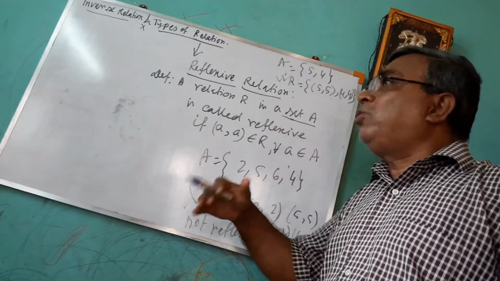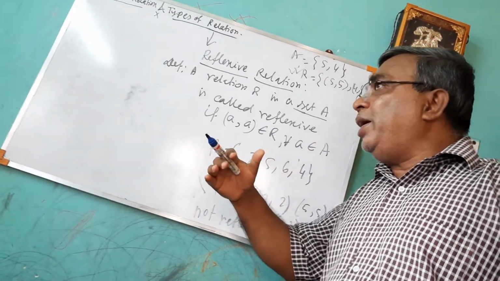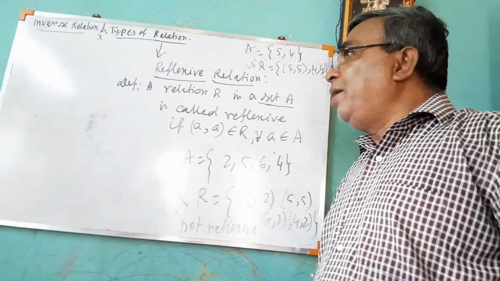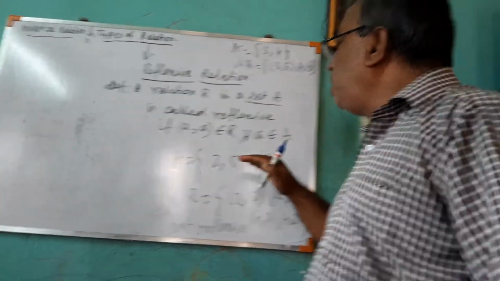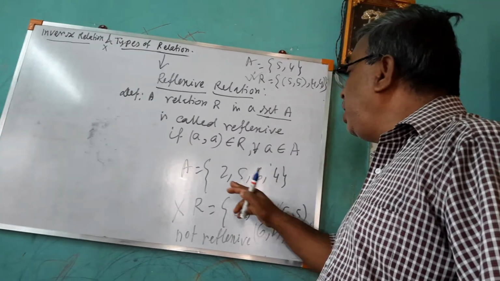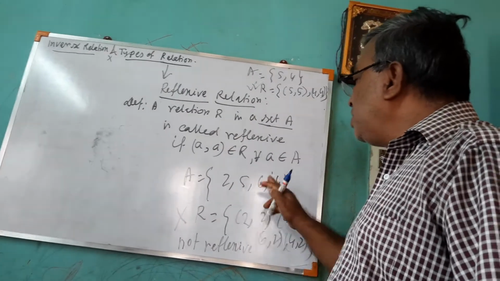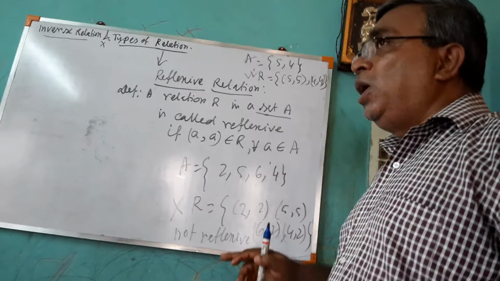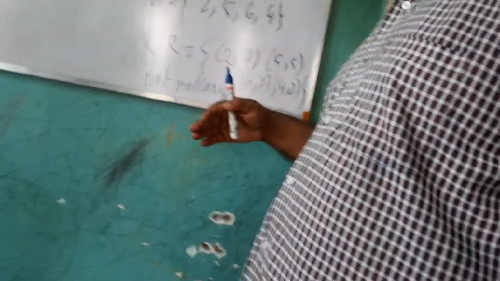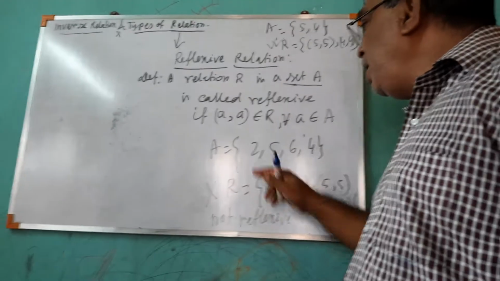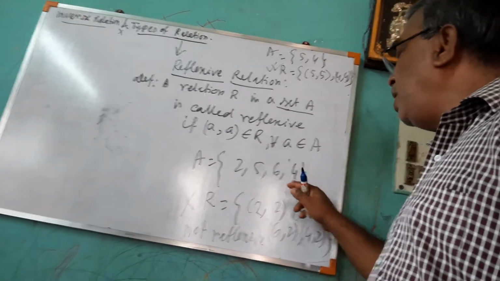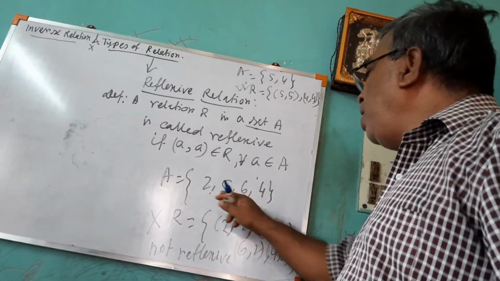That means you have to see how many elements are contained in A. There are 4 elements in A. That means the relation R should contain (2,2), (5,5), (6,6), (4,4). Then that relation is reflexive. In set A, 4 elements are there: 2, 5, 6, 4.